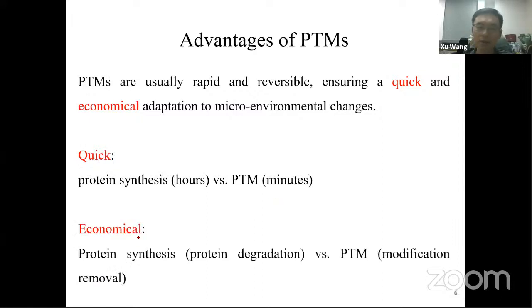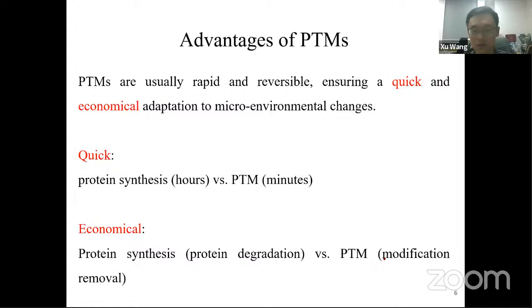And why is PTM economical? Because for protein synthesis, to terminate signal transduction, the synthesized protein must be degraded. But for PTM, it's different. To terminate the signaling pathway, the modification can be removed, but the proteins remain intact.